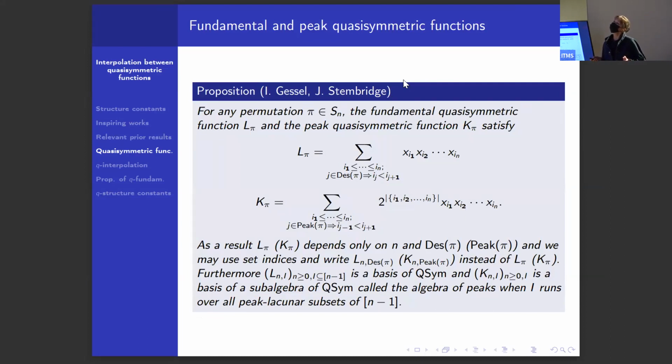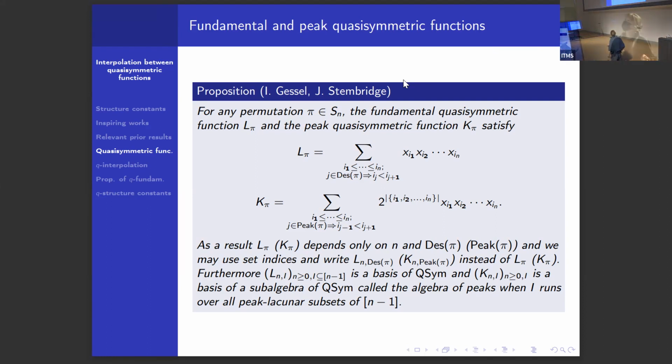So here we see the explicit expansion of fundamental and peak quasisymmetric functions provided by Ira Gessel and John Stembridge. Note here that these two expressions are in fact very similar and remind us of the expressions for Schur symmetric functions and zonal symmetric functions in the works concerning Jack symmetric functions and the matching Jack conjecture.